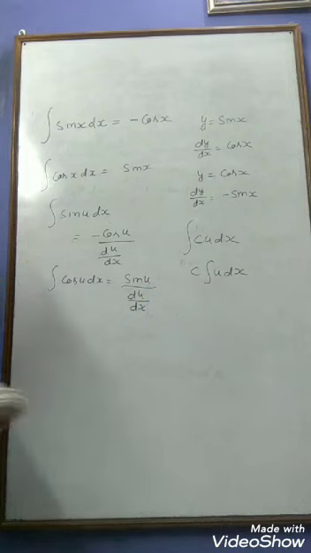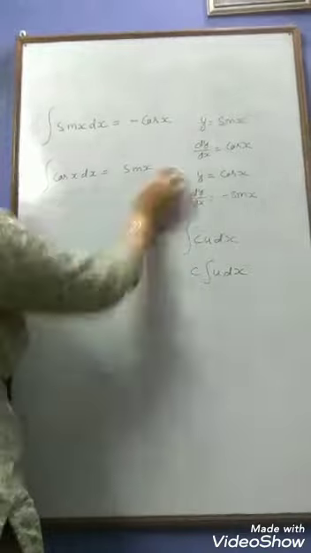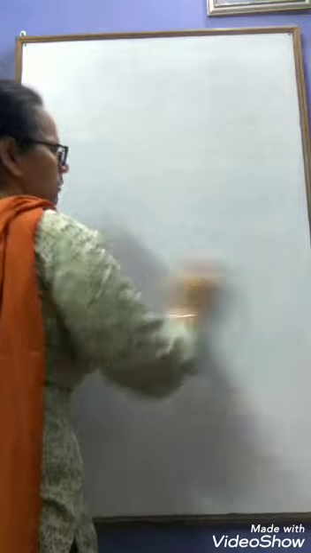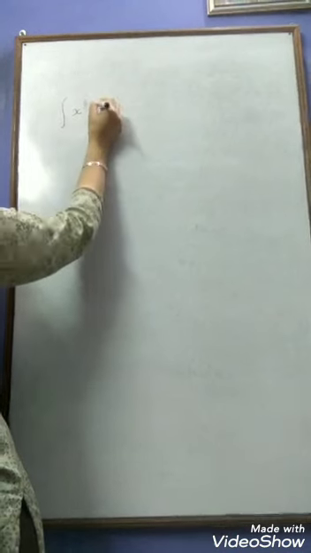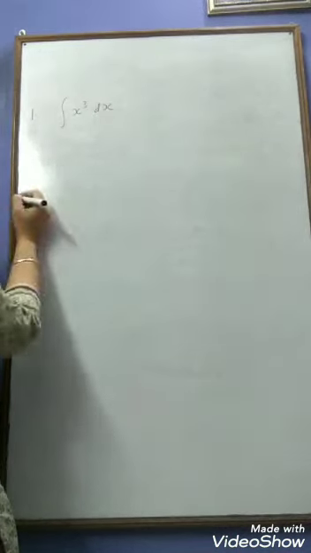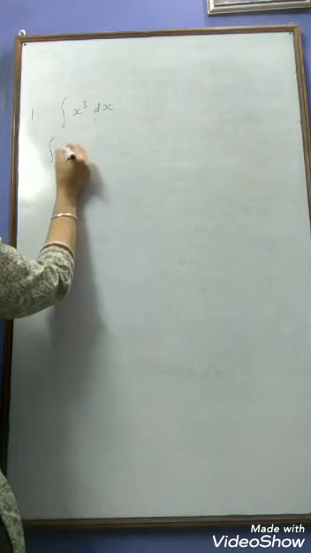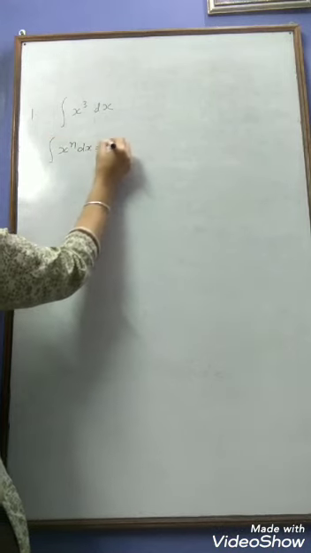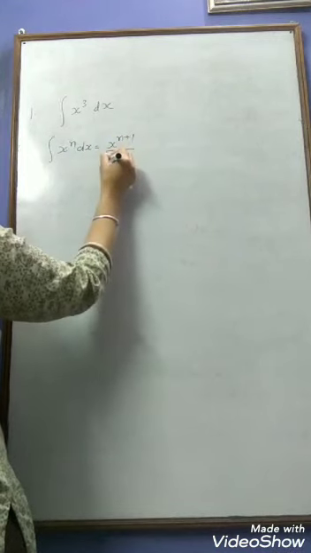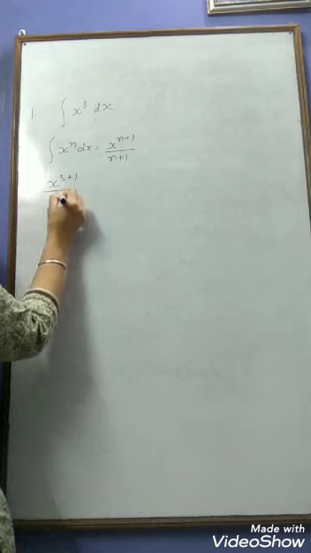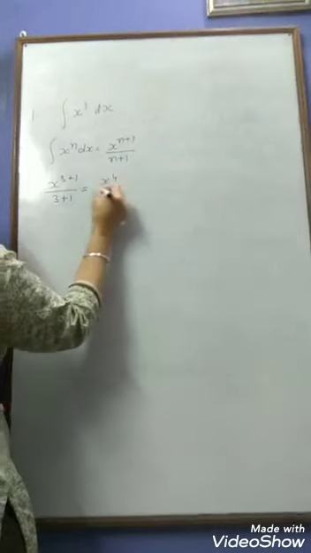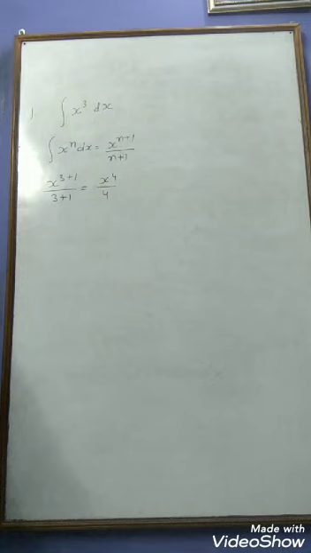Now how do we use these formulas? First example is the integral of x^3 dx. Formula x^(n+1) over n+1, 3+1 is 4, so x^4 by 4.